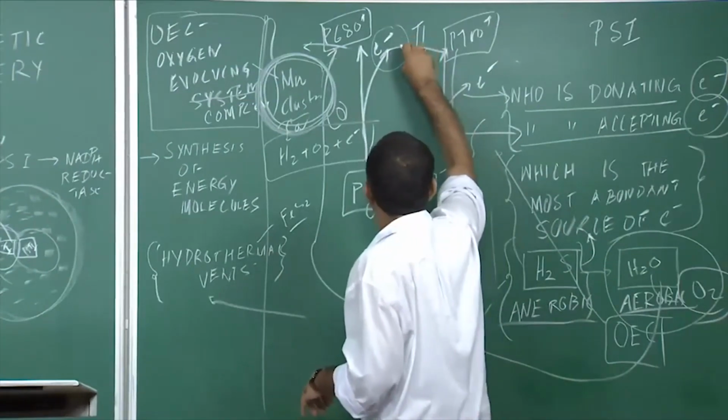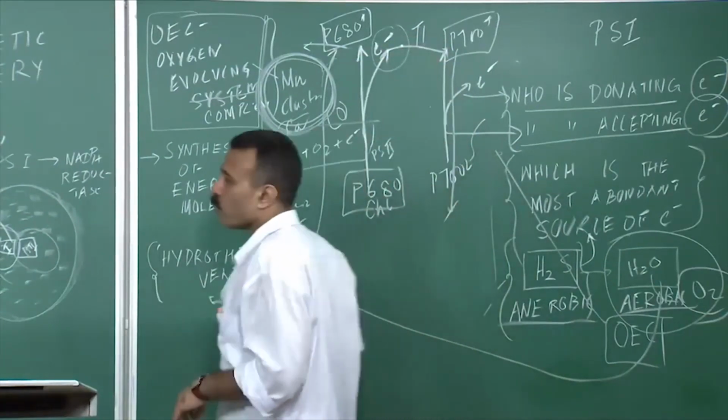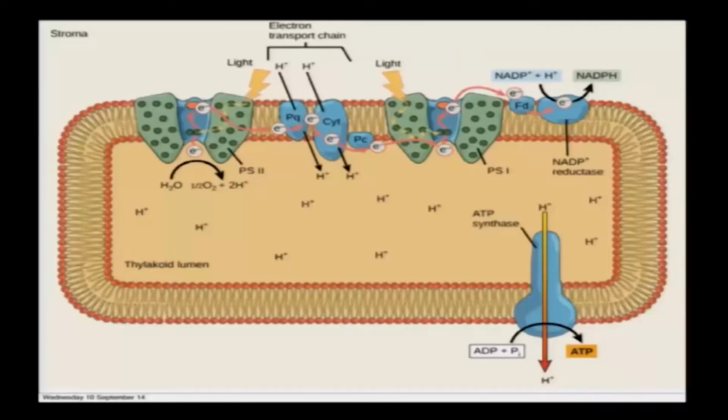This electron is now being utilized in order to reduce NADP. So, it is the NADP reductase. There you see that enzyme which is sitting on the right hand corner, NADP reductase. The NADP reductase basically converts NADP plus proton to make NADPH.